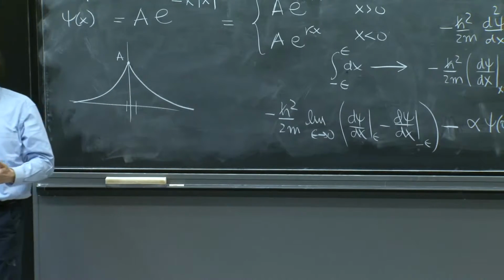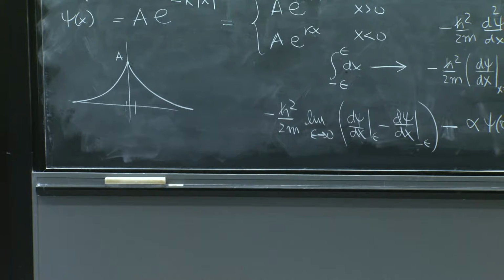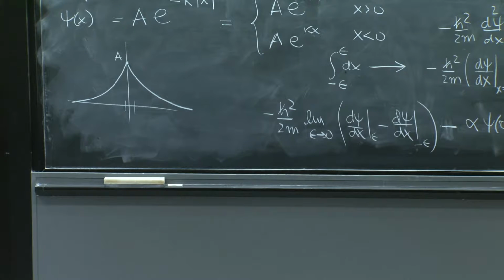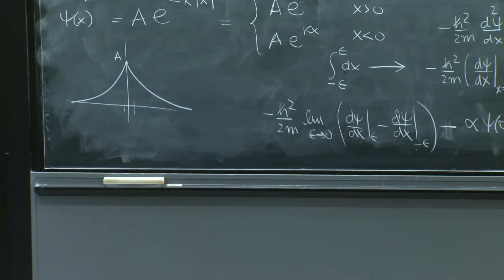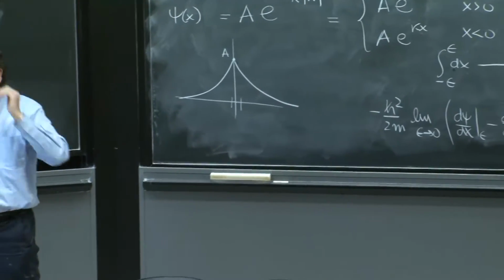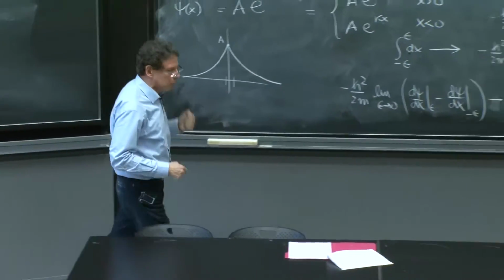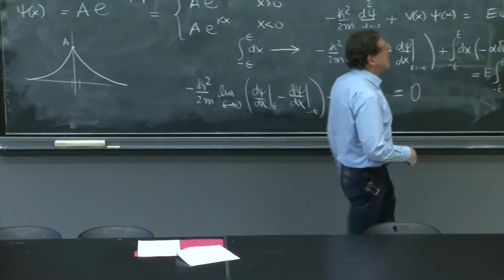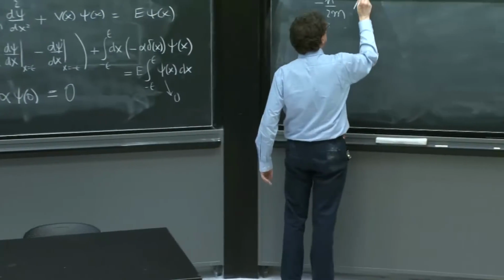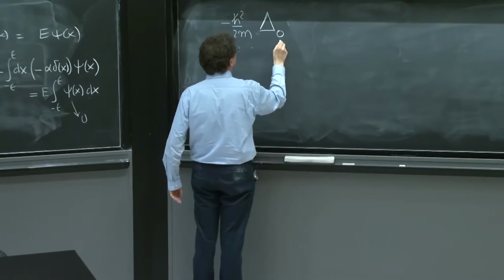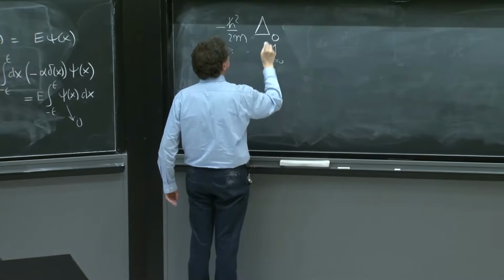This is nothing but the discontinuity in psi prime. You're evaluating for any epsilon greater than 0, the psi prime a little to the right, a little to the left, and taking the difference.